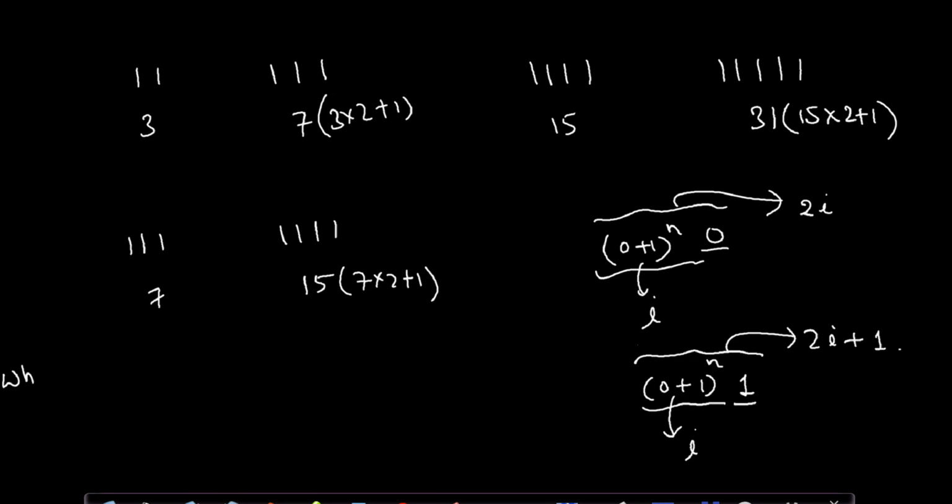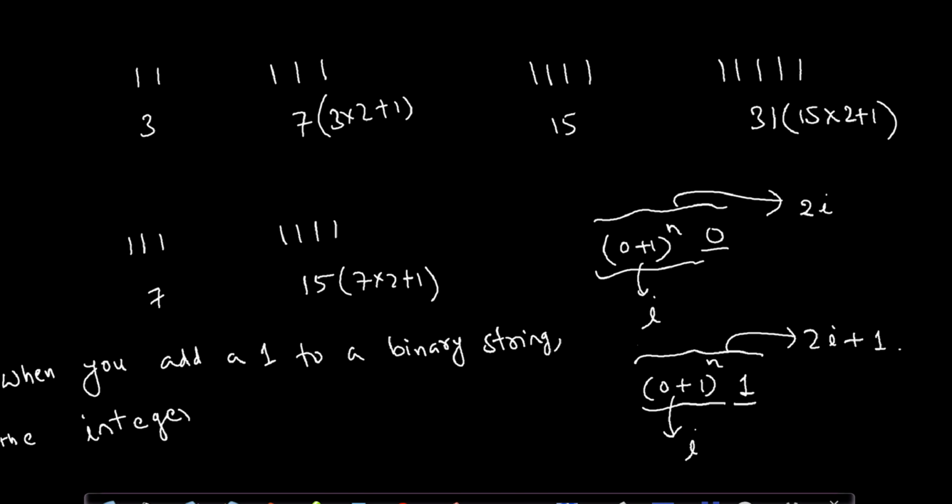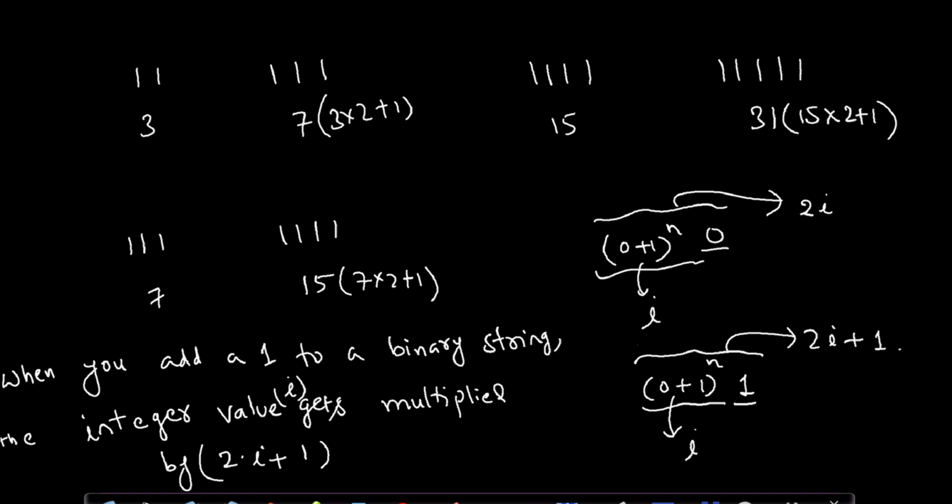And when you add a 1 to a binary string, the integer value i becomes 2i plus 1.